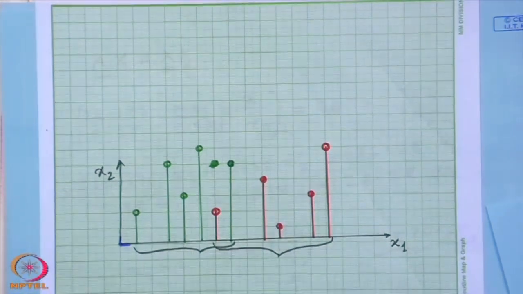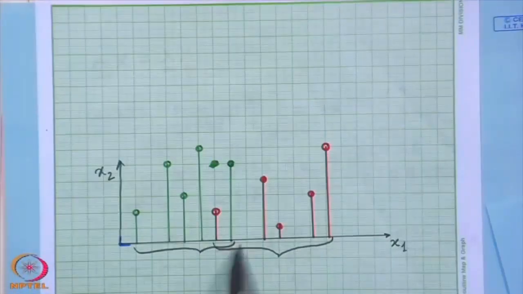So, it clearly says that when I take the projection onto the eigenvector, the projected vectors are no more separable. The projections from class omega 1 and the projections from class omega 2 get intermixed, which is quite obvious in this particular case.